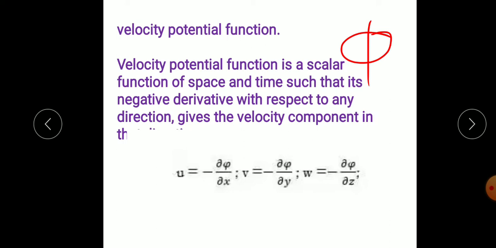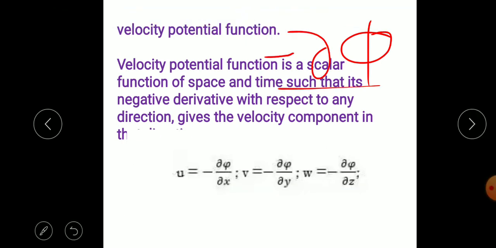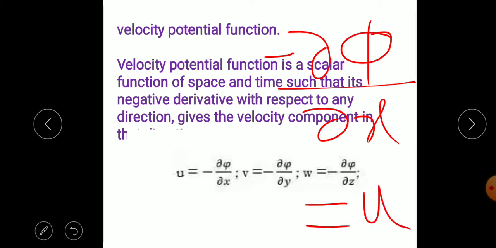So the negative derivative along the x direction, minus deva phi by deva x, gives the velocity component in that direction.